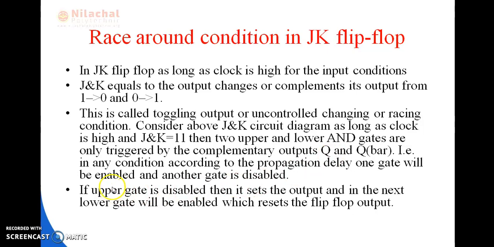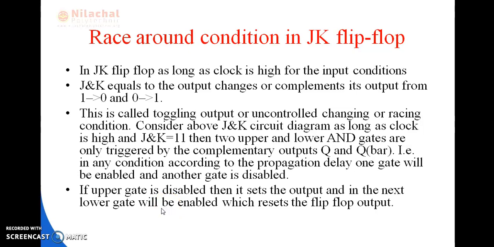In any condition, according to the propagation delay, one gate will be enabled and the other gate disabled. So if the upper gate is enabled, it sets the output, and then the lower gate is enabled, which resets the flip-flop output.